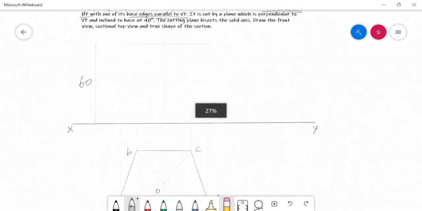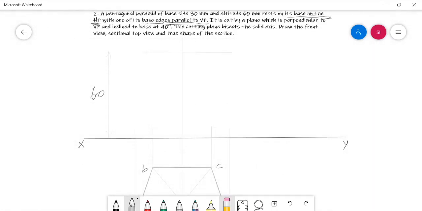You have to connect the slant edges and mark the corners in the lateral view.